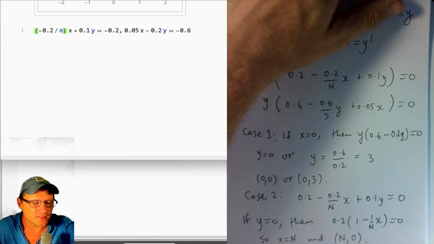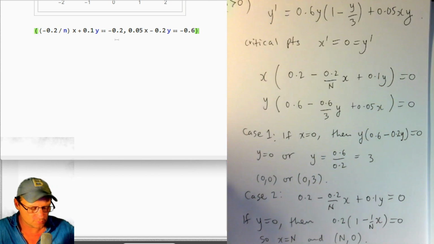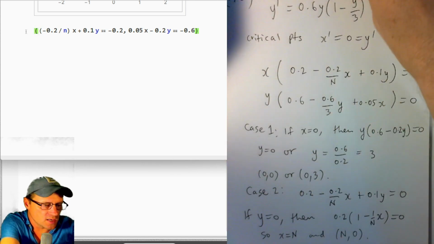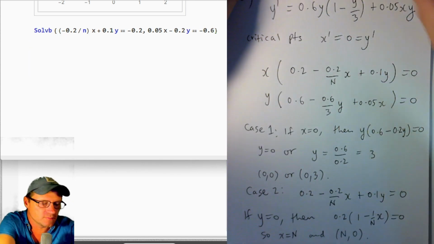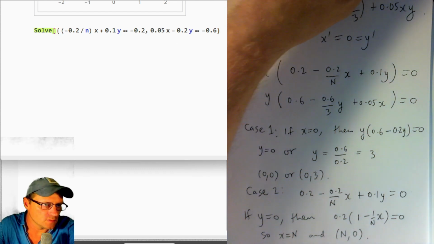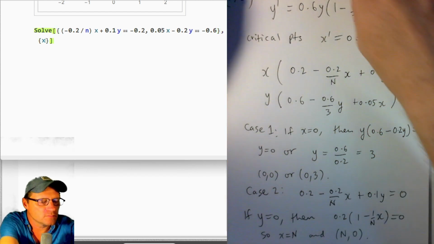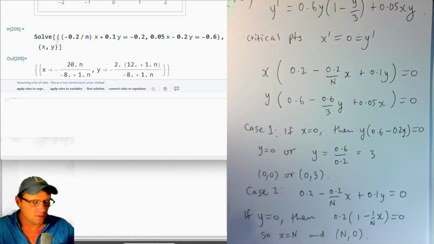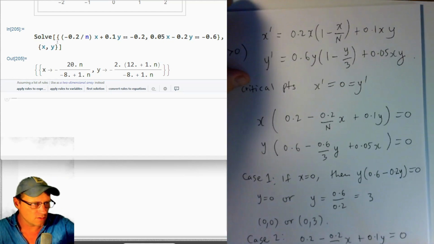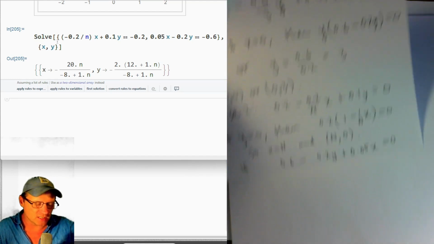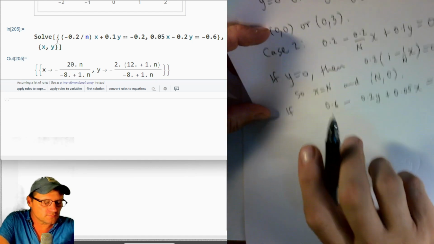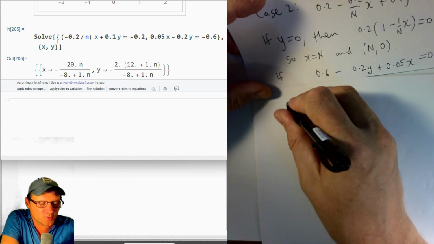Okay, let's put brackets around those. And then I will just want to ask it to solve this for x and y. All right, and so now we have our last possibility. We have another critical point.